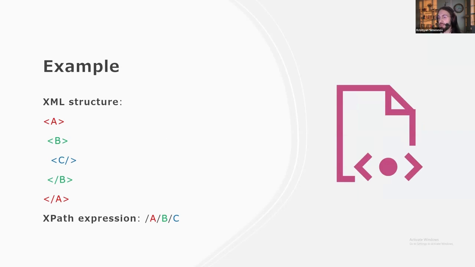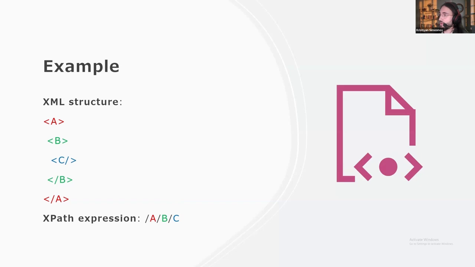For instance, this XML structure, with A being the ancestor of C and B being the parent of C, is expressed by this expression, A, B, and C, separated by slashes. And it's the simplest form of an XPath.